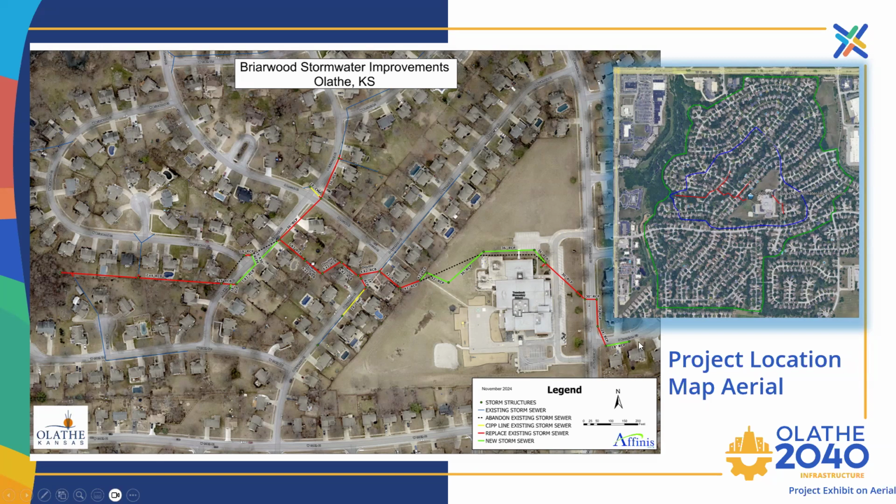All of the storm sewer is located along existing drainage and utility easement and within the city right of way.